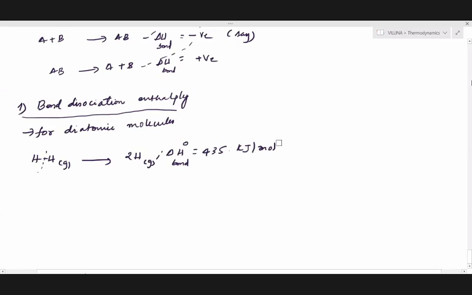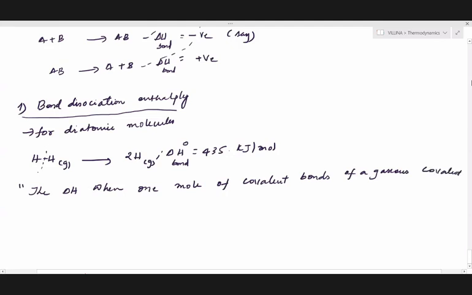Above I have equated the case, so I'm writing the definition again. The bond dissociation enthalpy is the enthalpy change, the delta H, associated when 1 mole of covalent bonds of a gaseous covalent compound is broken to form products in the gas phase.